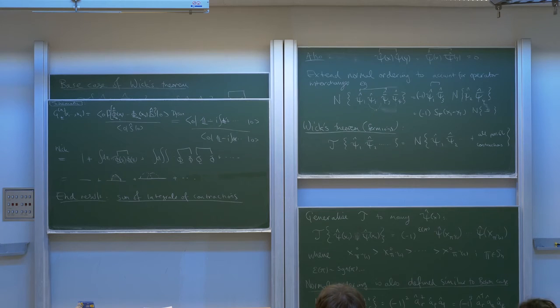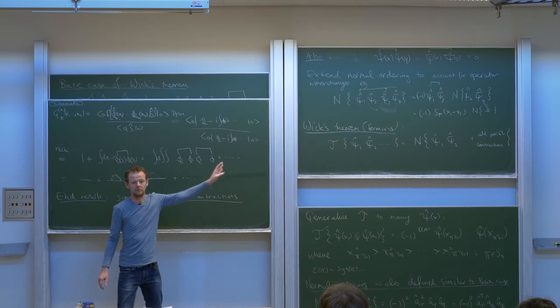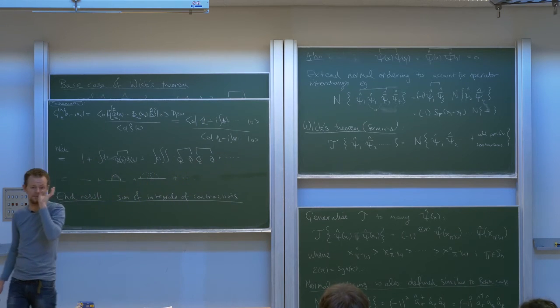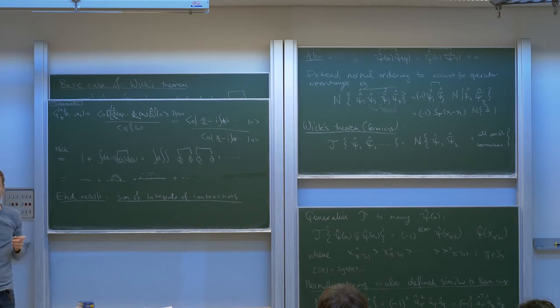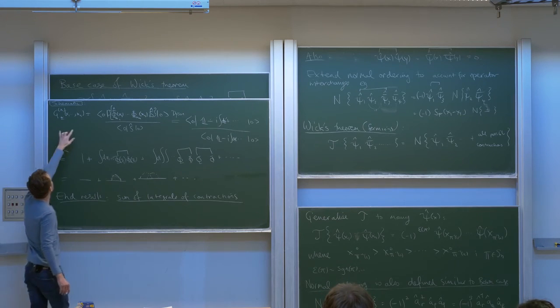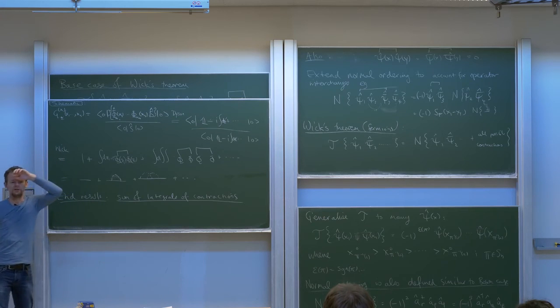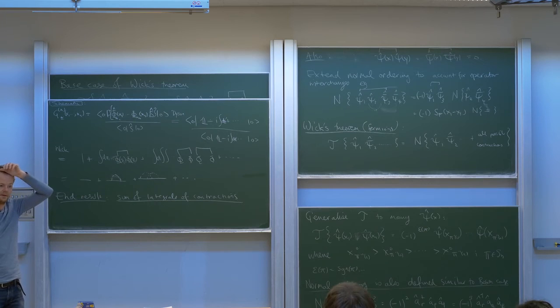Now, the number of terms that you have to write here explodes tremendously quickly with the order. Also, a less appreciated fact is that the number of diagrams you need to sum up grows tremendously as well.